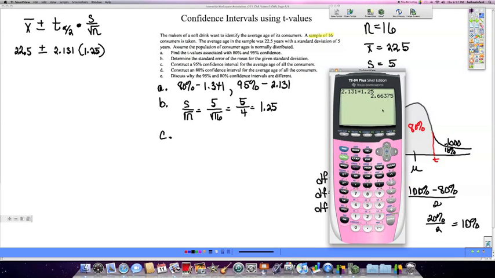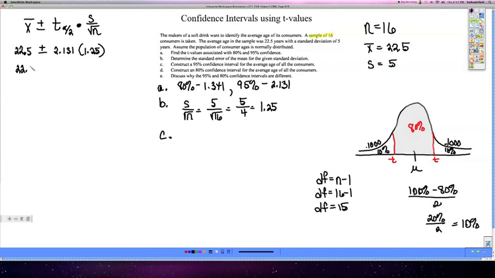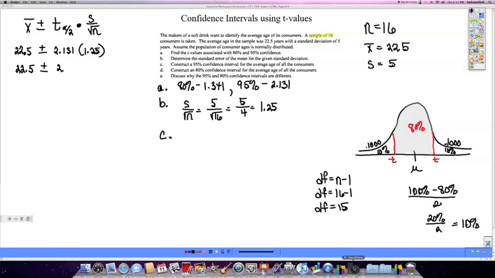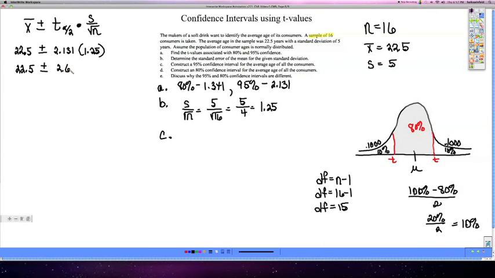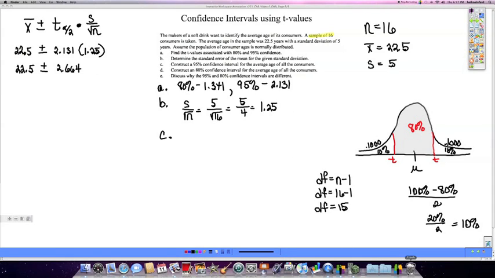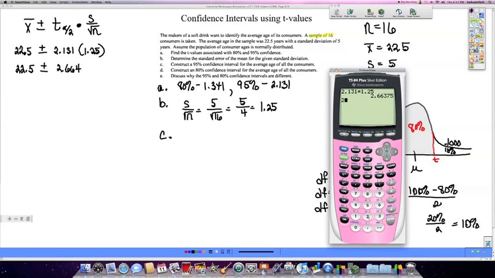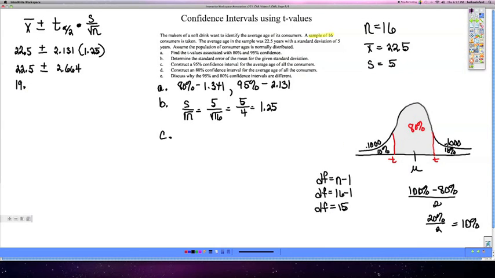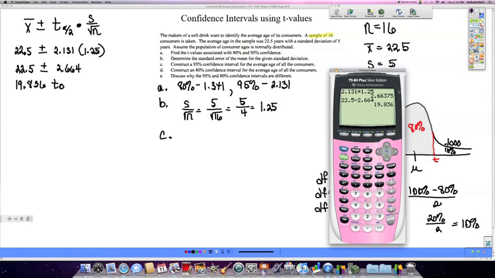And we can round this to 2.664. And then of course we can add that to our same value.